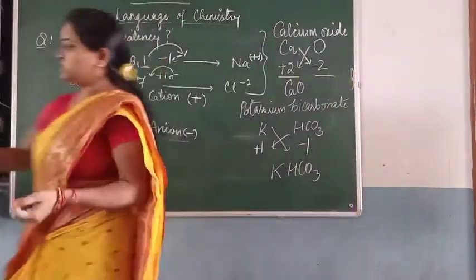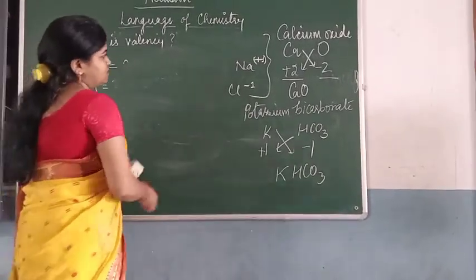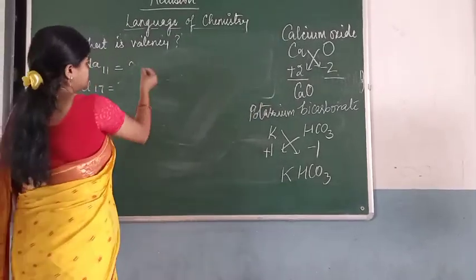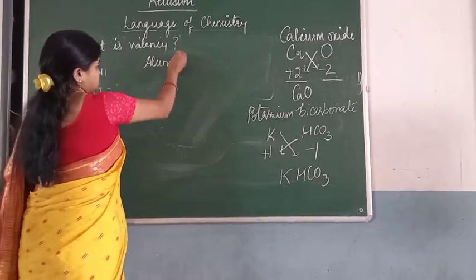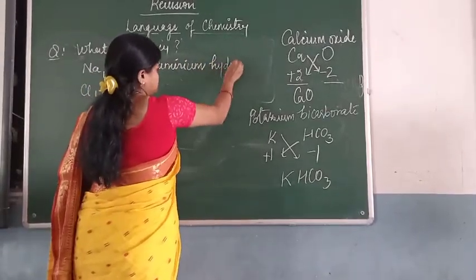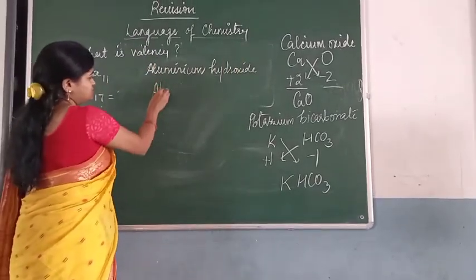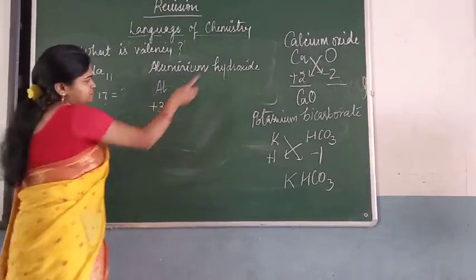If you want, let us see one more example, that is aluminium hydroxide. See, aluminium's symbol is Al, and its charge is plus 3.